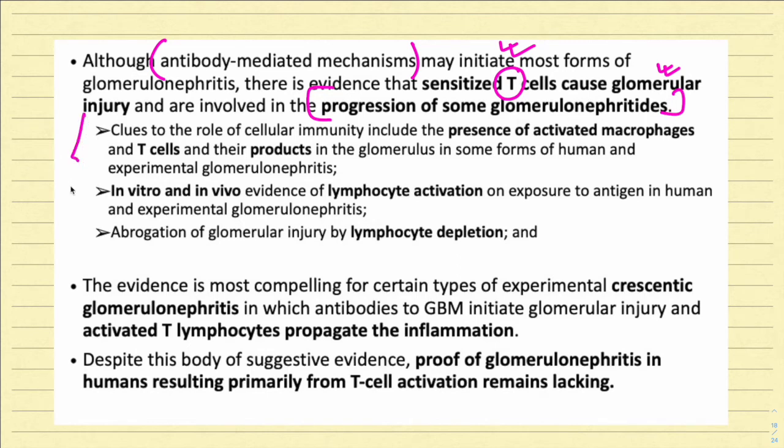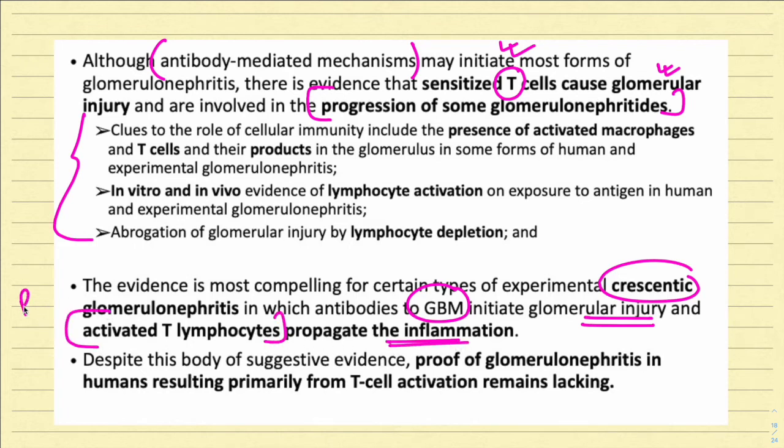There are lots of experimental studies on this. You don't have to remember these points, just that it has been studied that they may have some role. Also, in many kinds of experimental crescentic glomerulonephritis in which antibodies to the glomerular basement membrane initiate glomerular injury, these antibodies also activate T lymphocytes which propagate the inflammation.